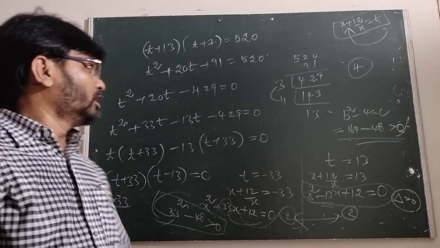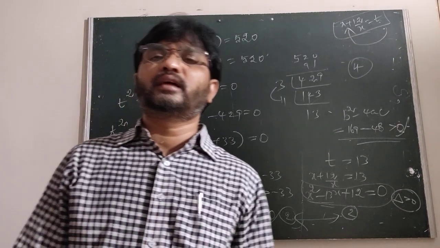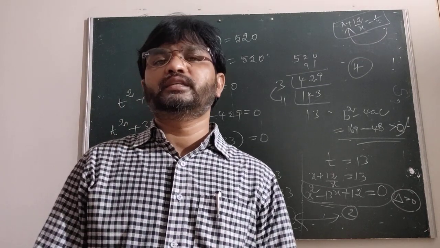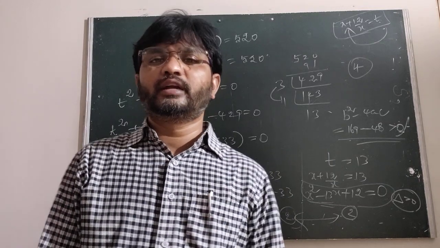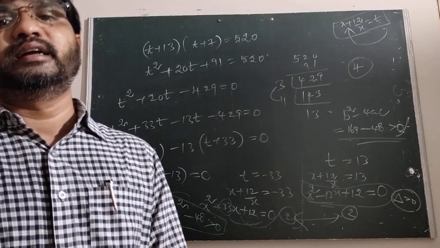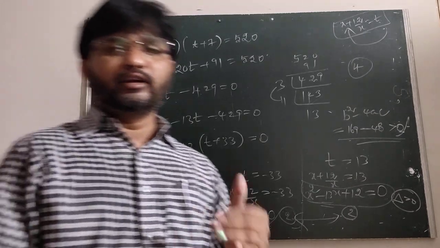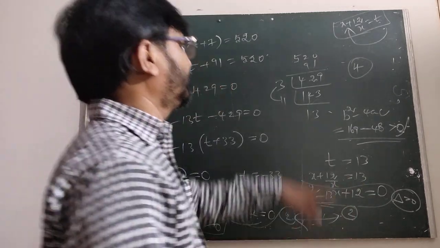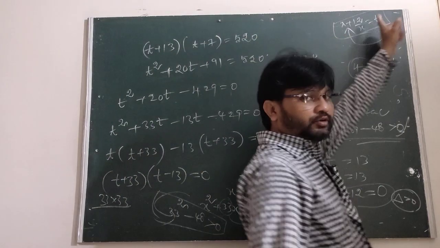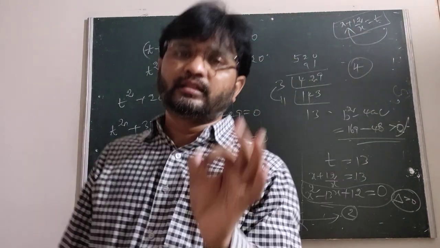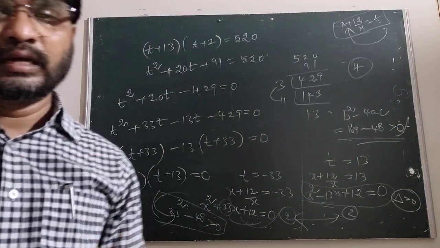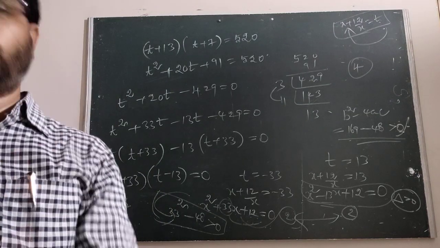This is the process. When the product of the ends and the middle terms is equal, then undoubtedly the right-hand term must be in terms of x square. Then divide by x square, and take x plus 12 by x equal to t. After solving we get the values of t, the number of values of t are 2.